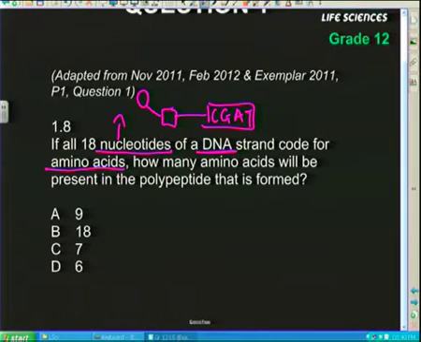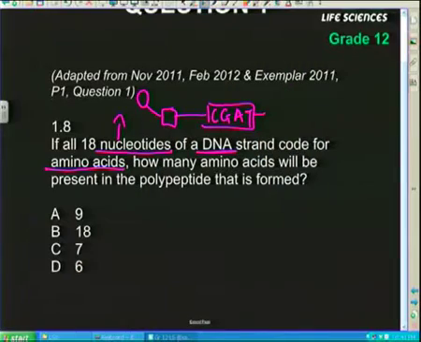So if all 18 nucleotides of a DNA strand code for amino acids, they're saying each one of them has a code for amino acids. How many amino acids will be present in the polypeptide that is formed? Now, I think most of you would answer that it's going to be 18. 18 nucleotides, therefore 18 amino acids.